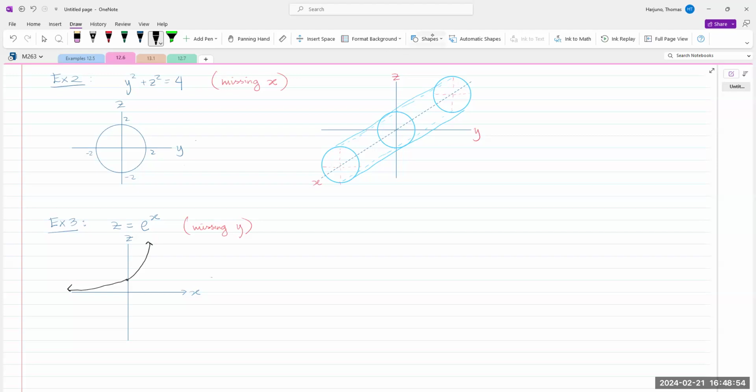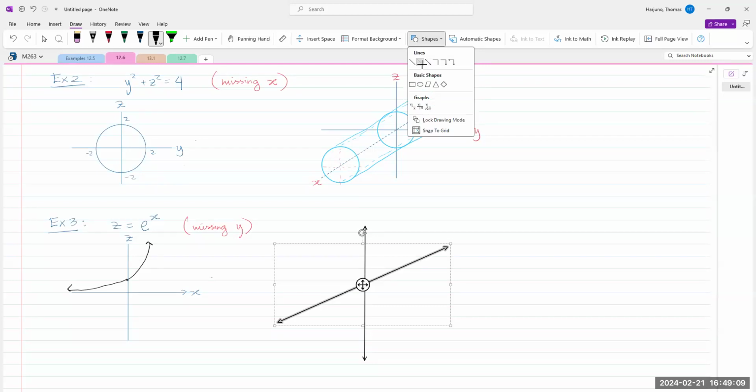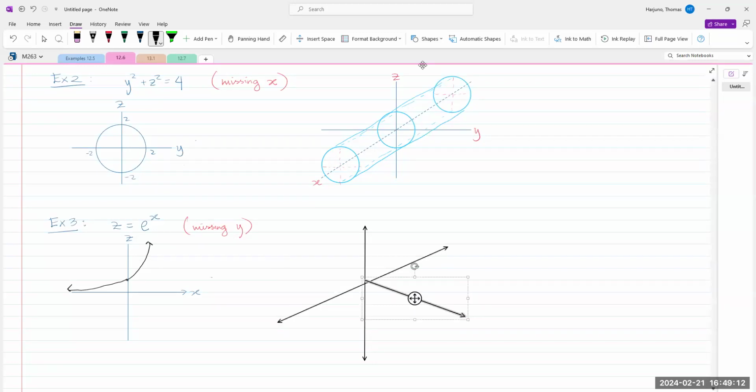In other words, if I draw that in 3 dimensions, where this is the x-axis, this is the y-axis, this is the z-axis, then the curve on the xz plane will look like this.